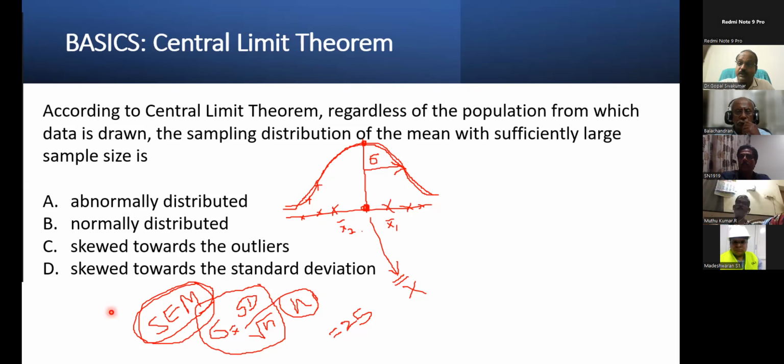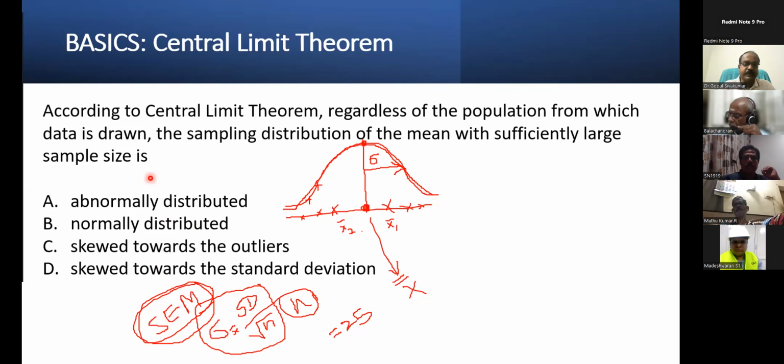For the average, you are interested in locating the confidence limit. Upper confidence limit, lower confidence limit. It is the standard error of the mean that is helping you to locate the confidence limit. So please go through this central limit theorem today and try to understand standard error of mean, and then you are at a better level to get the doubt clarified with us again, right?